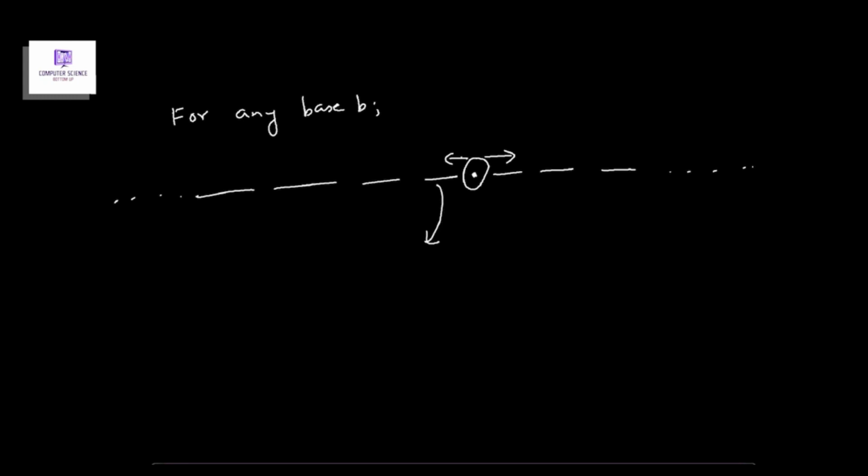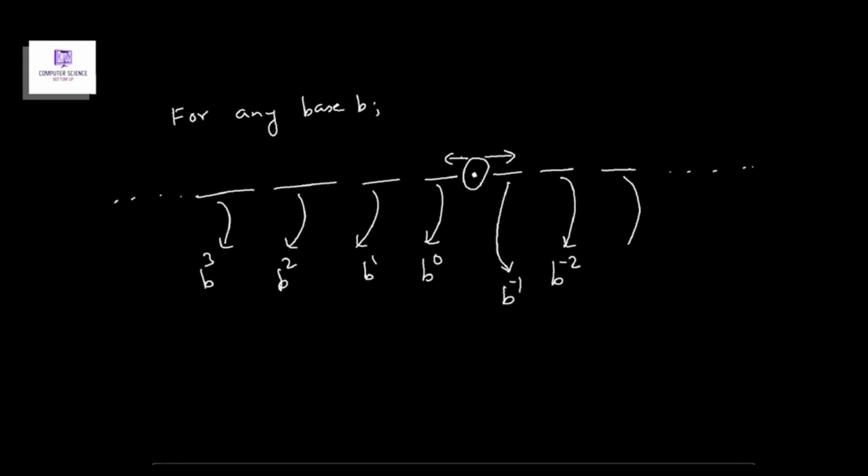The weights at every position are b power 0, b power 1, b power 2, b power 3, and so on. Similarly, the weights at the fractional part are b power minus 1, b power minus 2, b power minus 3, and so on.